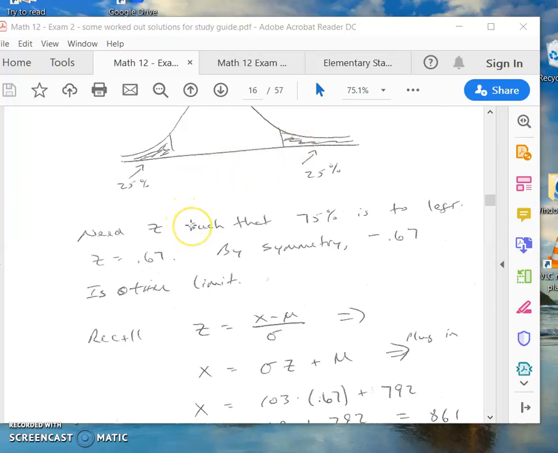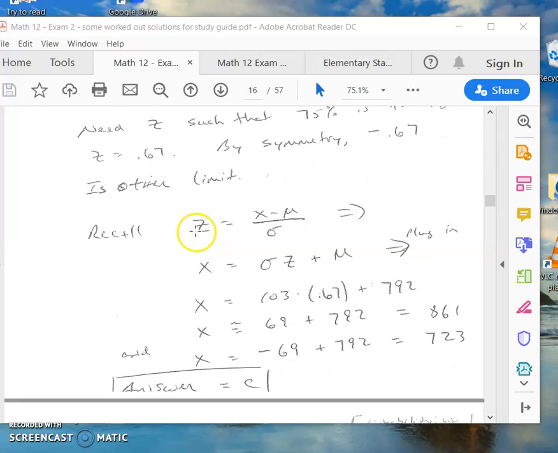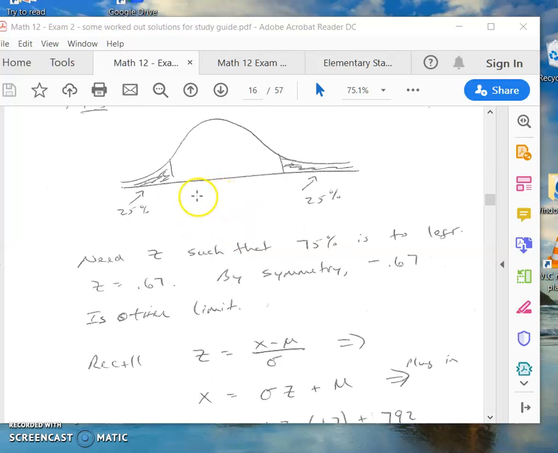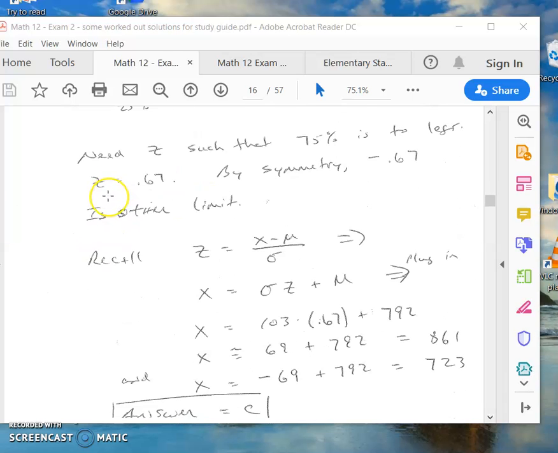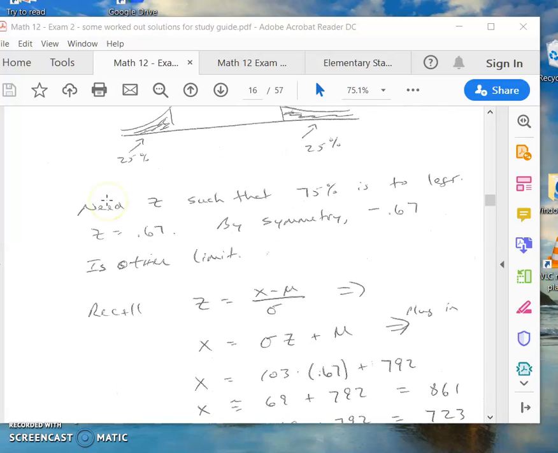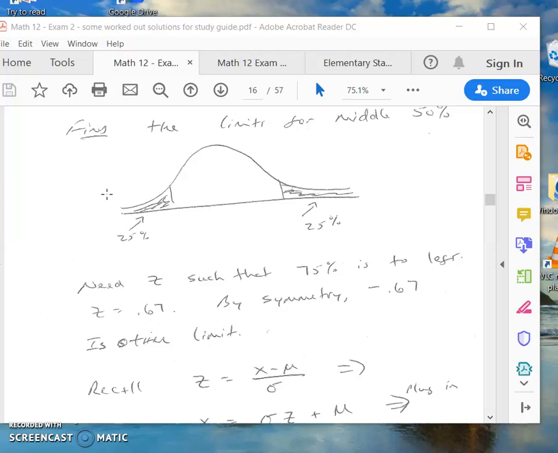What I should have done, and I'm sorry I didn't, is draw the cartoon again and plug in those numbers to get an idea. Yeah, that makes sense. So that's an example of dealing with the normal distribution. The concept here is you're going back and forth.